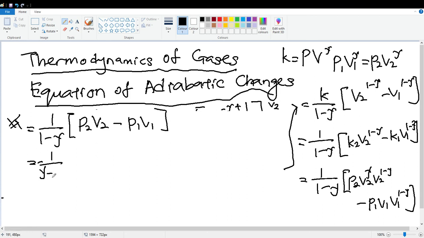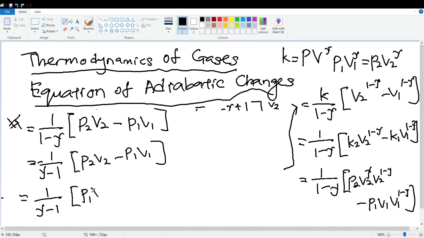So this will be P2 V2 minus P1 V1. If I expand this negative into here, what I get is P1 V1 minus P2 V2. So this is the equation for the work done of adiabatic expansion.